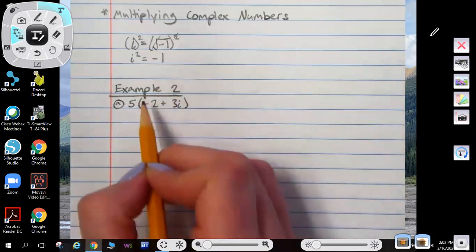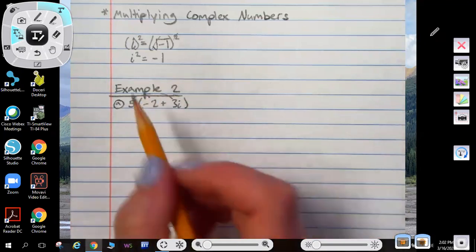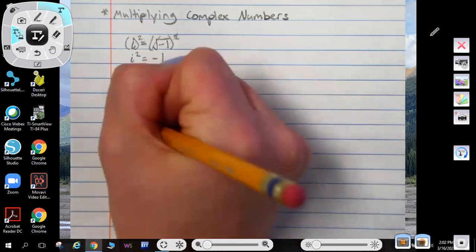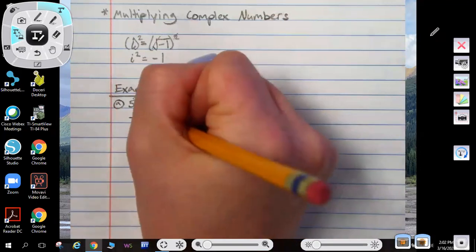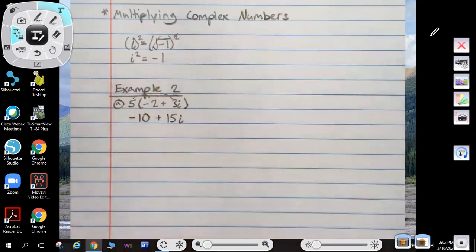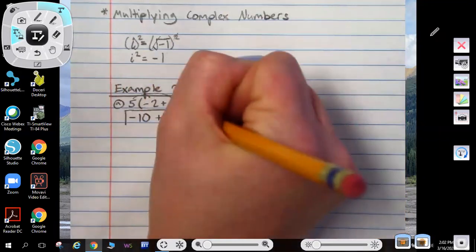So to multiply, we're just going to distribute the 5. So the 5 gets multiplied by everything inside the parentheses. 5 times negative 2 is negative 10. 5 times 3i is 15i. There's no like terms to combine. This is already in standard form. Nothing can be simplified. This is our answer.